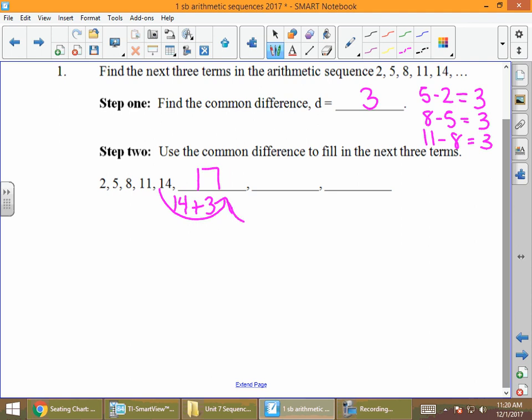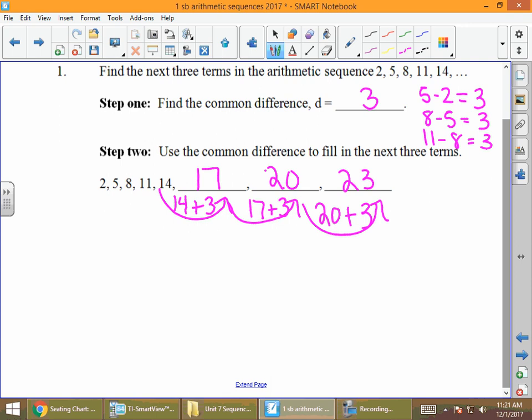As we go to the right, we take the number before it and add the common difference. 17 plus 3 is 20. And as we go to the right, we add the common difference and end up with 23.